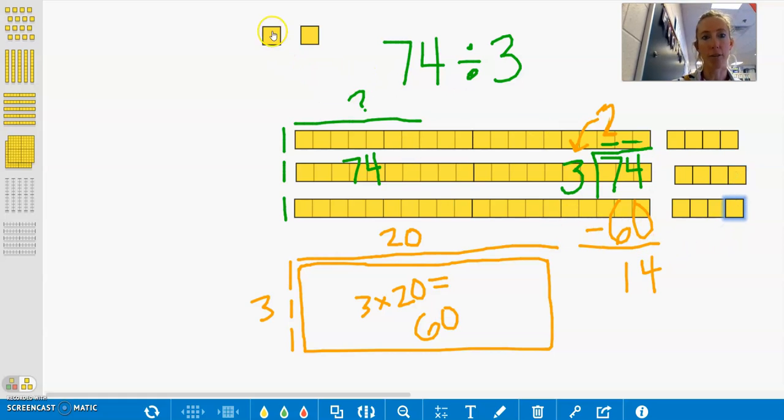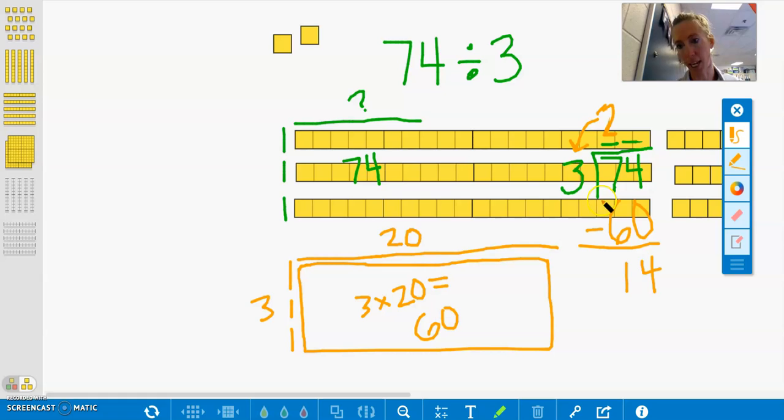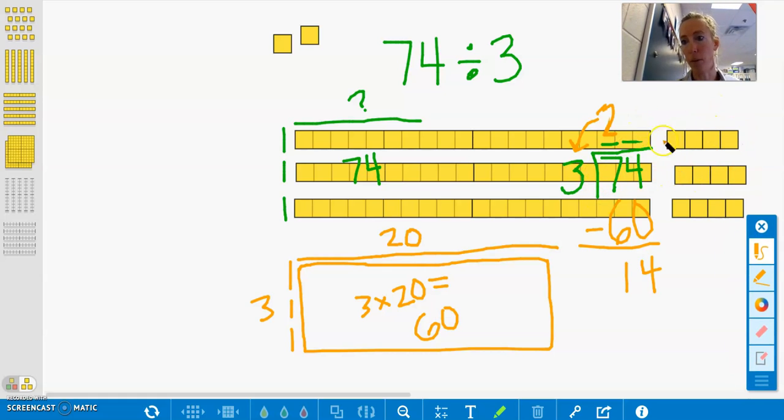Could I do 5 people? No, I have only 2 left. Yes? So I have some remaining people in this case. So how many people was I able to put in each group? I was able to put how many here? 4.